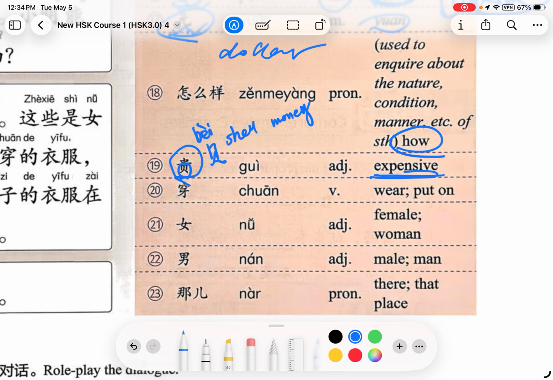Why? Because in ancient times, before coins, we used shells as currency, as money. So if we meet a Hanzi with this radical, it means something to do with money.